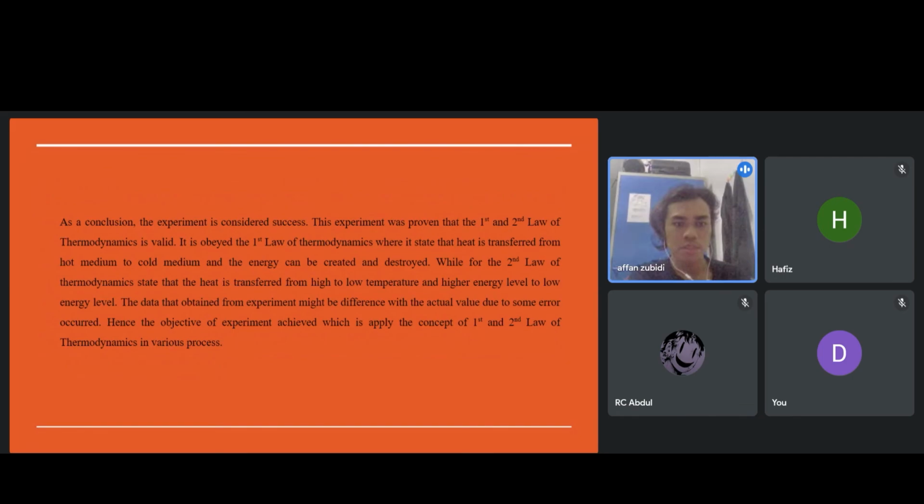The second law of thermodynamics states that heat is transferred from high to low temperature, and from a higher energy level to a lower energy level. The data obtained from the experiment might differ from the actual value due to the errors I explained just now. Hence, overall, the objective of this experiment was achieved, which is to apply the concept of the first and second laws of thermodynamics in various processes.